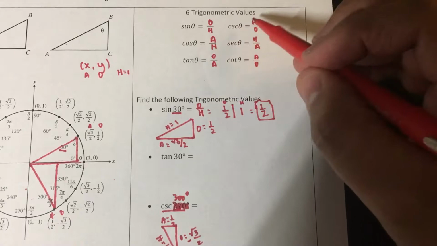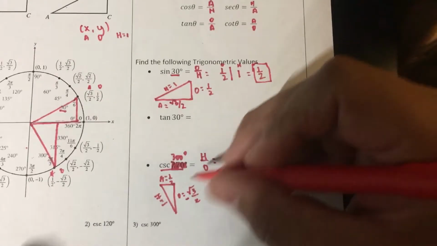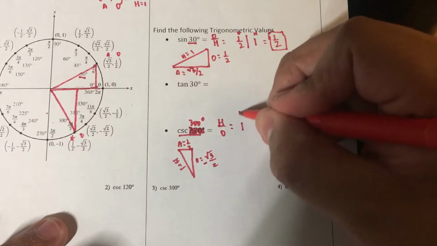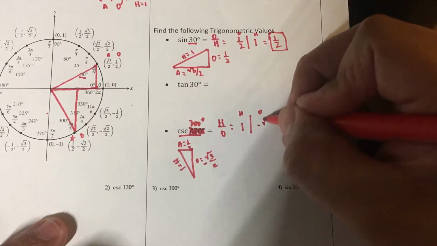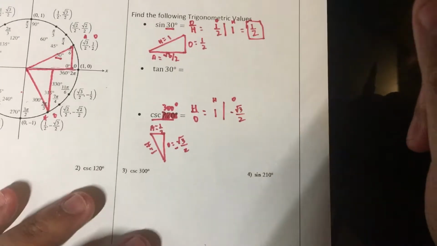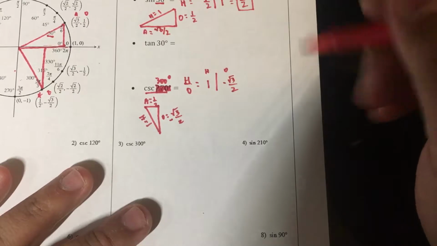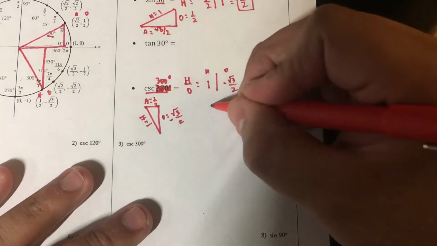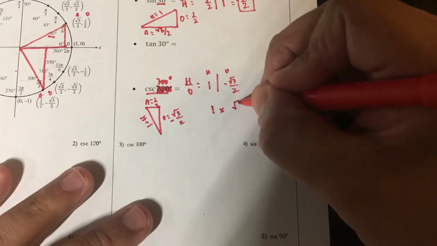So if I wanted to know cosecant, well, cosecant is H divided by O. So I know that my H is equal to 1, and my O is equal to negative square root of 3 over 2. When I have a case like this, I have a fraction on the denominator, so I'm going to go ahead and keep the first one, flip the second one.